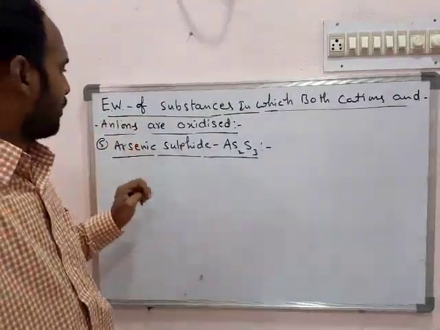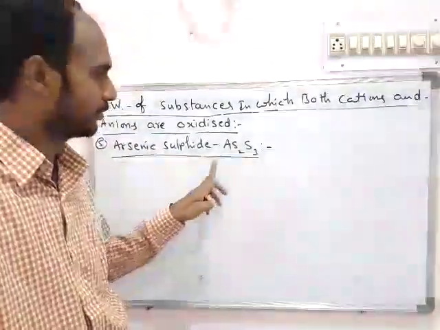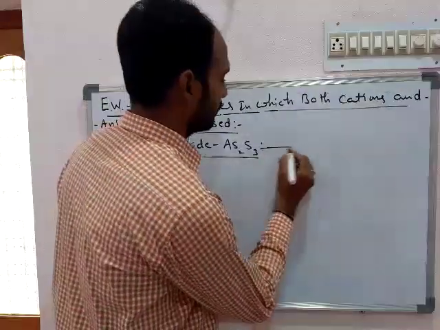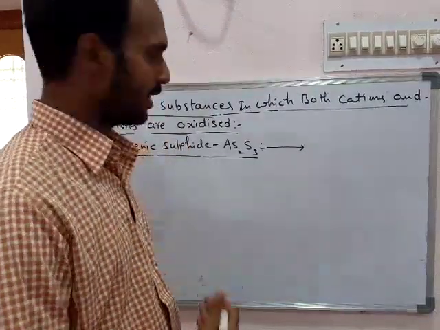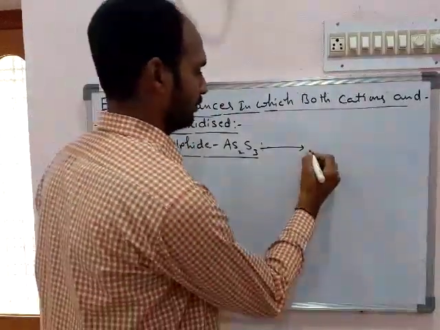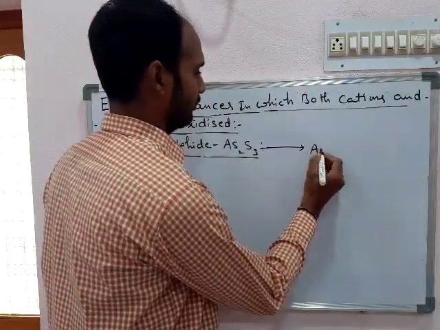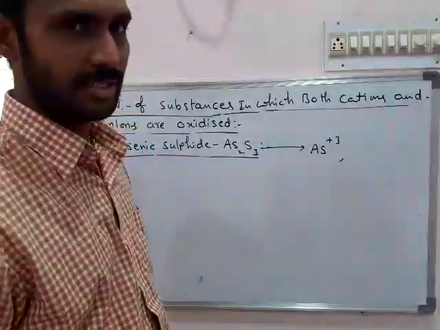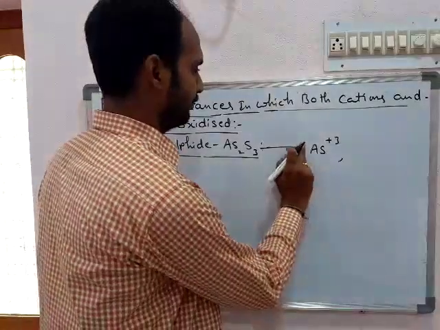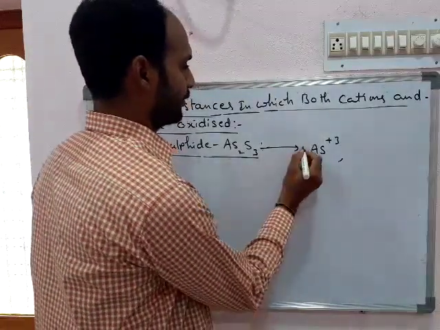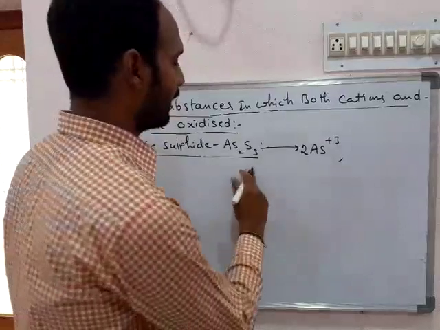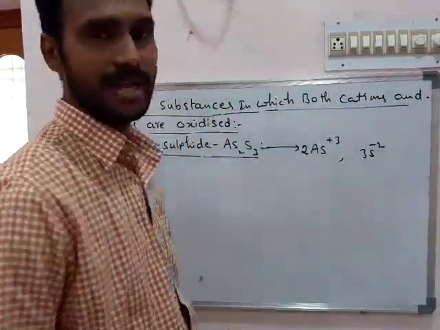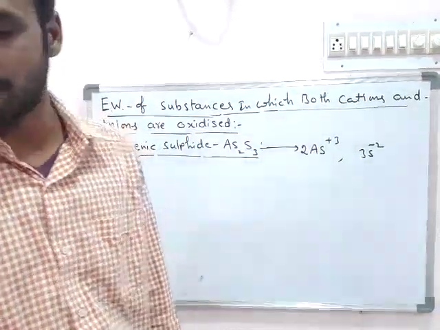The equivalent weight of arsenic sulfide, that is As2S3. So what ions exist in arsenic sulfide? Simply we can say 2 arsenic ions and 3 sulfide ions.